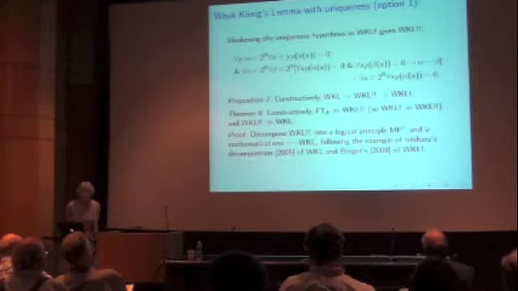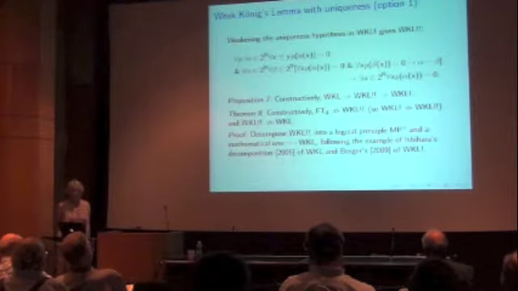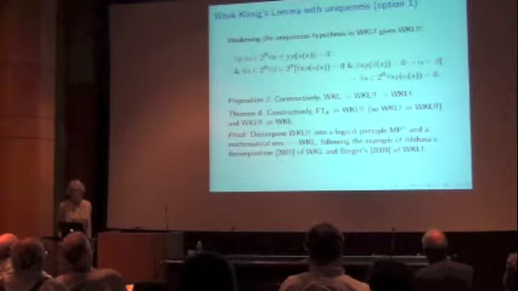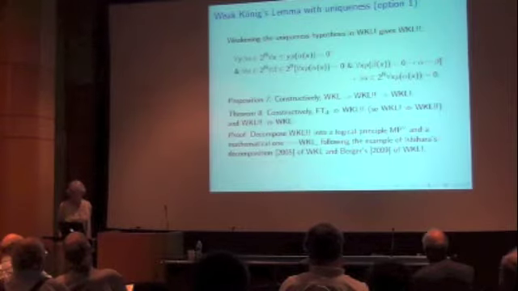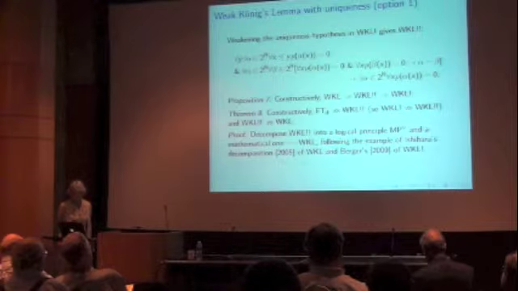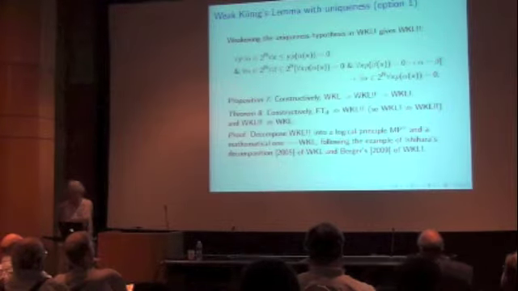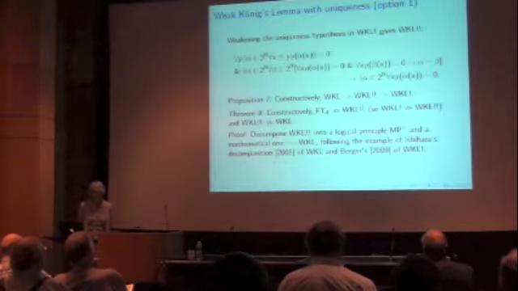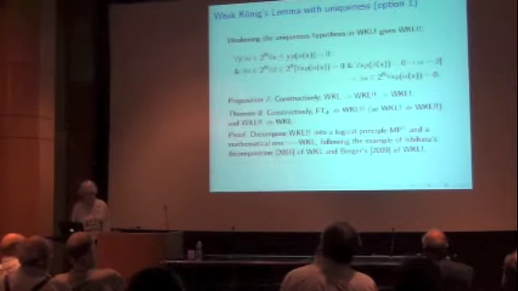And the proof actually works by decomposing WKL W-unique into a logical principle, which is sort of a piece of Markov's principle, not all of it, and a mathematical principle, not weak Koenig's lemma, following the example of Ishihara's decomposition of WKL unique.